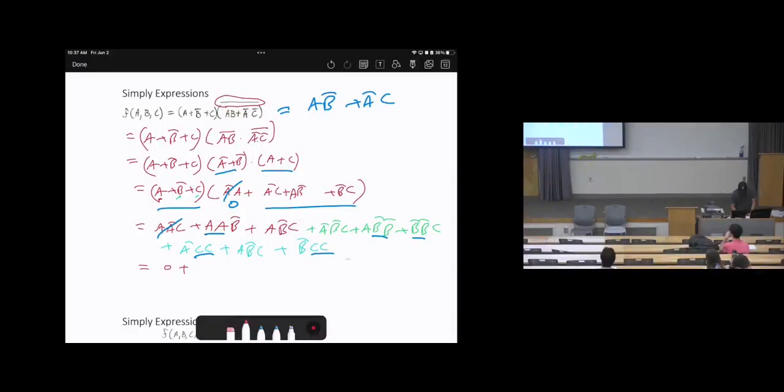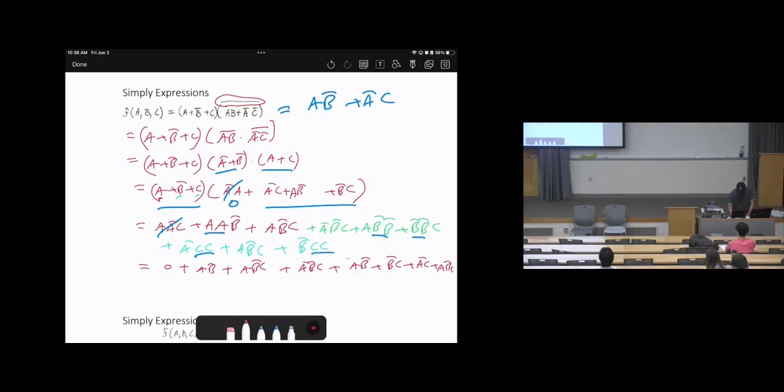It will be 0 plus A, B bar, plus A, B bar C, plus A bar, B bar C, plus A, B bar, plus B bar C, plus A bar C, plus A, B bar C, plus the last term B bar C.